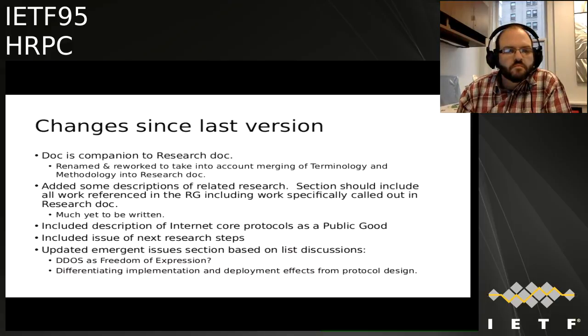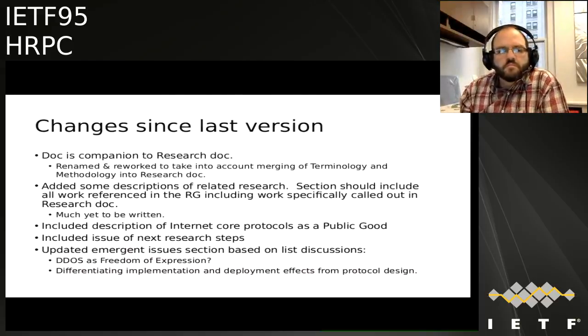And then I included a section a little bit on the emergent issues, and talked a little bit more about the DDoS and freedom of expression from a different aspect. One of the things that shows up a lot in these things is the differentiation between what is caused by the protocol itself, what is caused by accidents of implementation, the way it is implemented making a difference, and what parts of it are caused by use and misuse, and how do you start telling the difference between those?